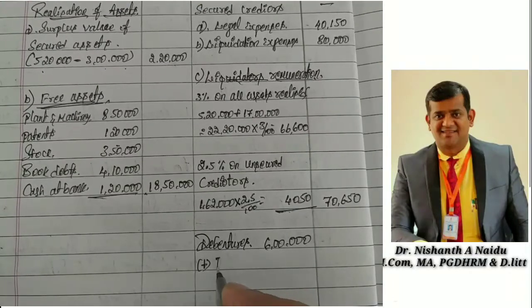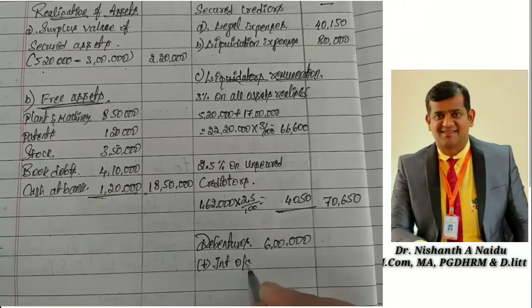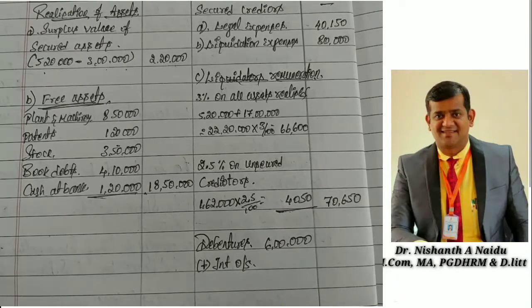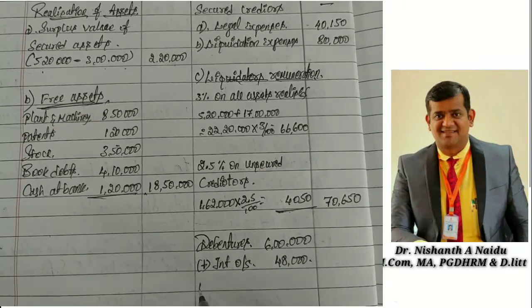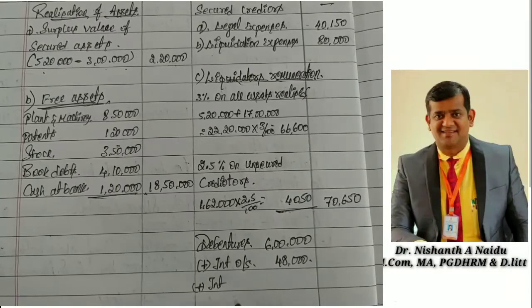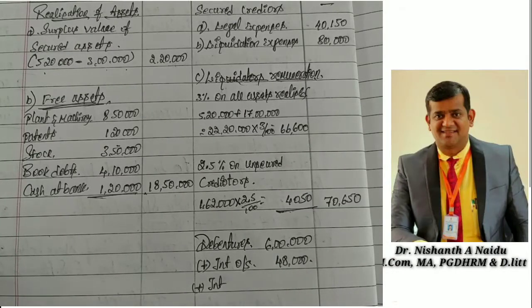Add interest outstanding which has been given in the previous balance sheet, that is 48,000. Then add interest, because in the problem they said all the payments were made on June 30th.